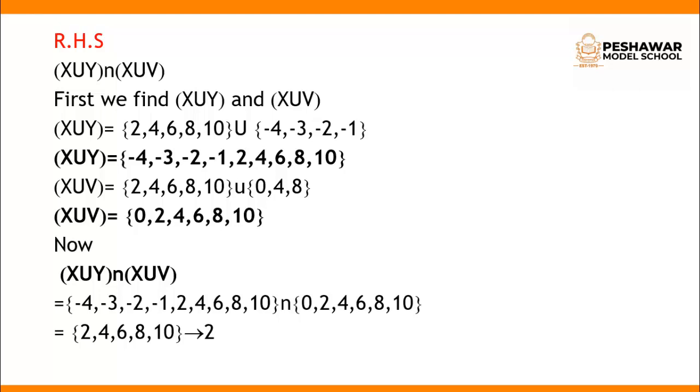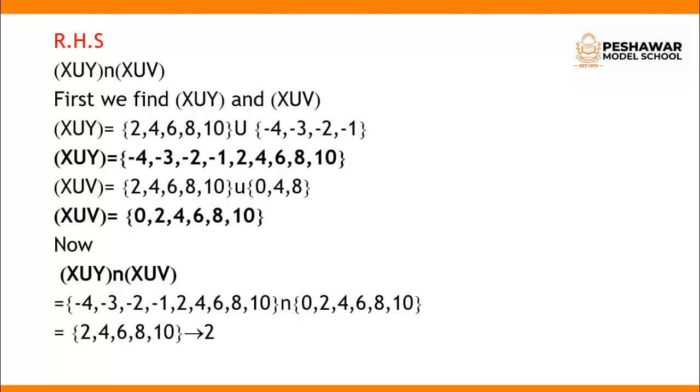In the right hand side you have to see the two brackets, X union Y intersection X union V. First we have to find X union Y and X union V. First of all, we put the elements of set X, that are 2, 4, 6, 8, 10, union elements of set Y, -4, -3, -2, -1.